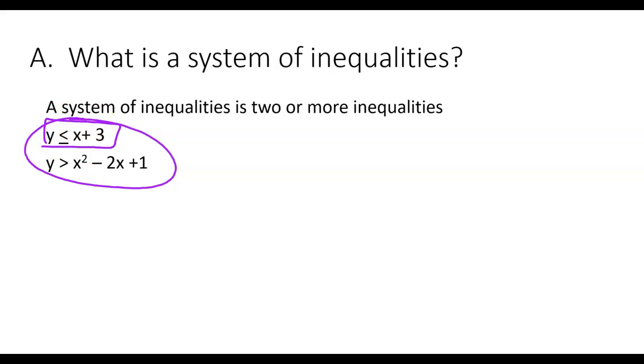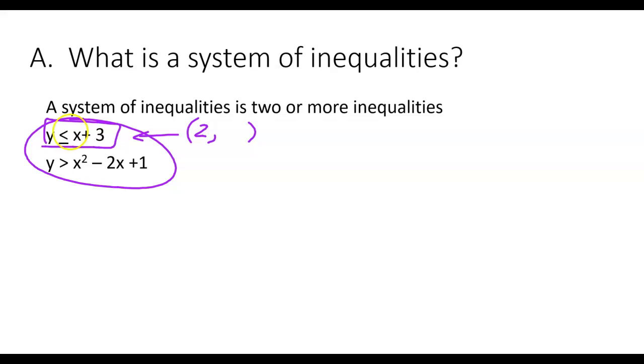How about if I plug in 2 for x, what could be a good value for y to make it a true statement? 5 would work. What else? 1 would not work.